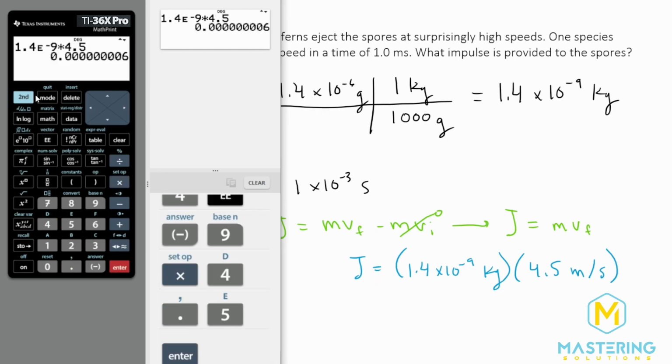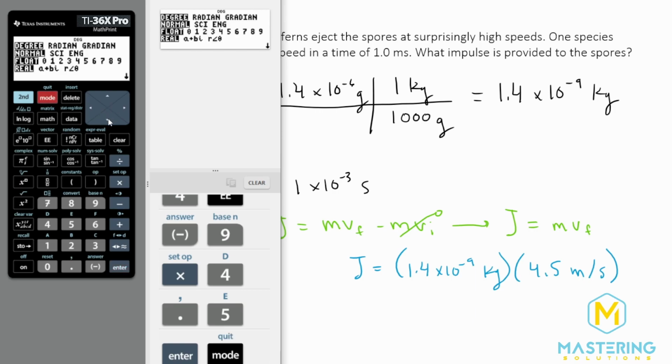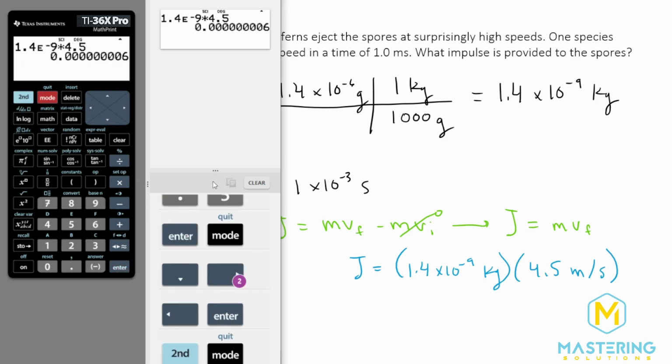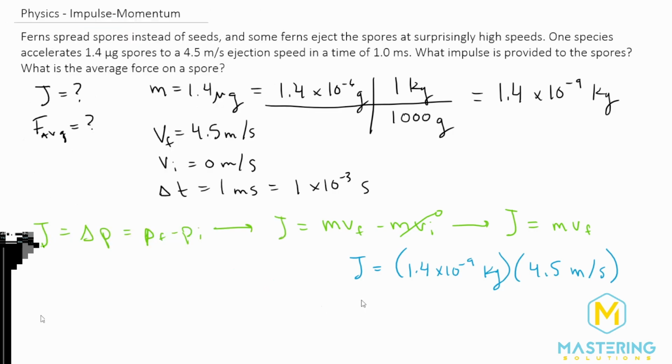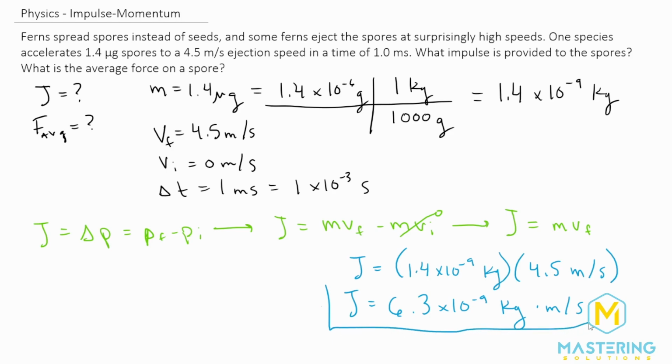Let's change that to scientific notation. Okay, so now when we put in a second answer, that gives us 6.3 times 10 to the negative 9. So J is equal to 6.3 times 10 to the negative 9 kilograms times meters per second. So now we have the impulse.